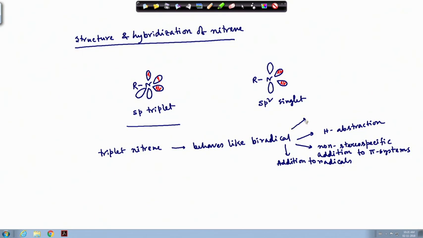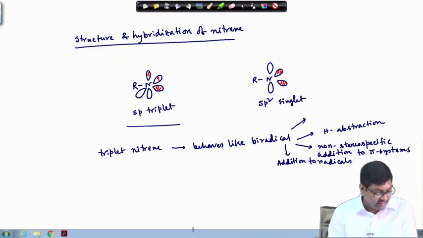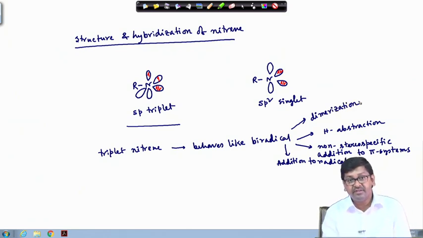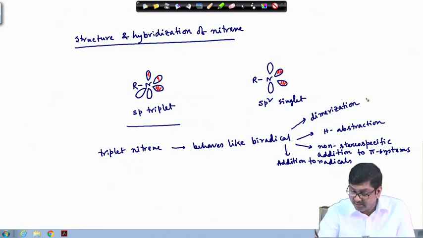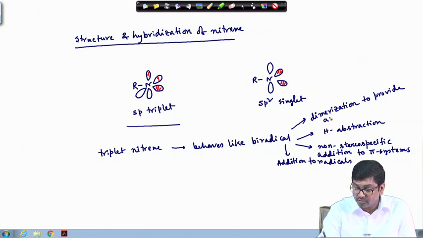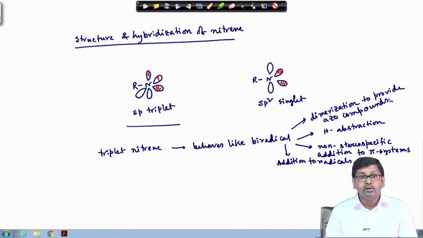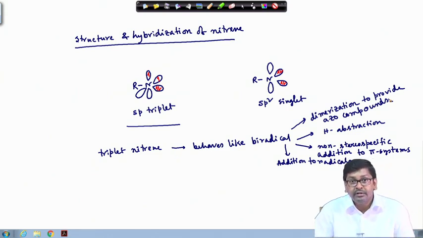So, another reaction possible from these triplet nitrenes is the dimerization of the nitrenes to provide azo compounds. Okay. So, these different types of reactions are possible with the triplet nitrene, and we have seen that this is working in a similar fashion to carbene.